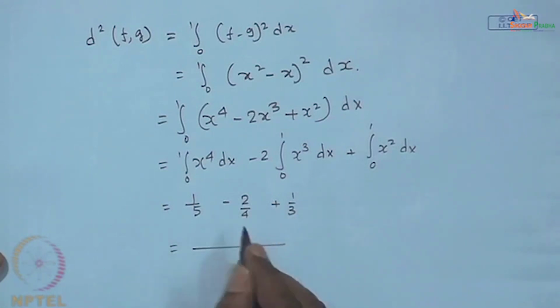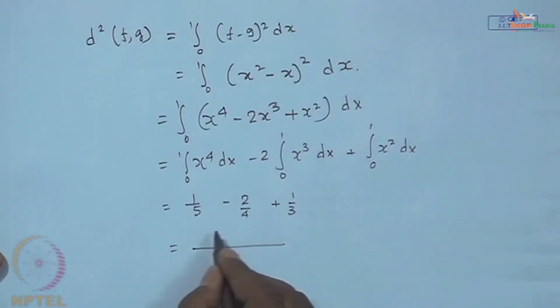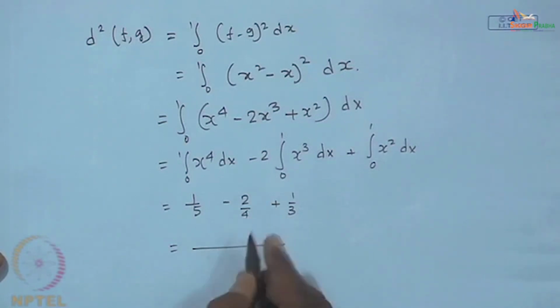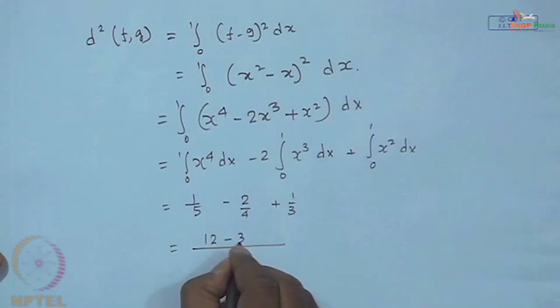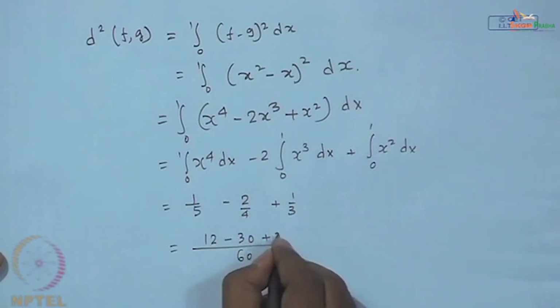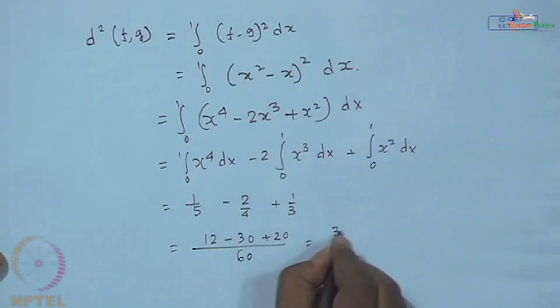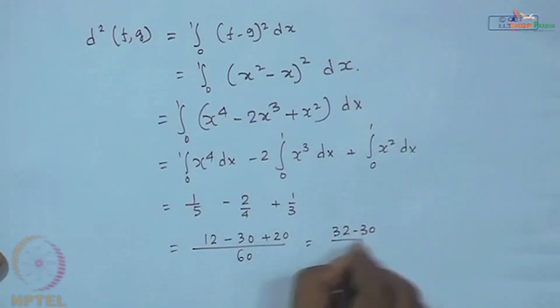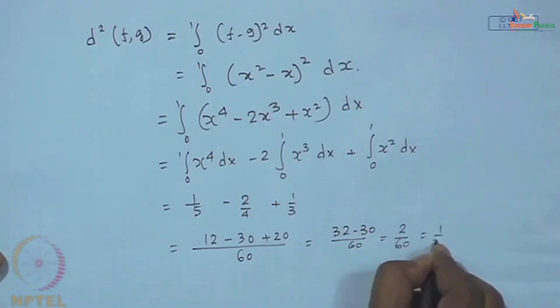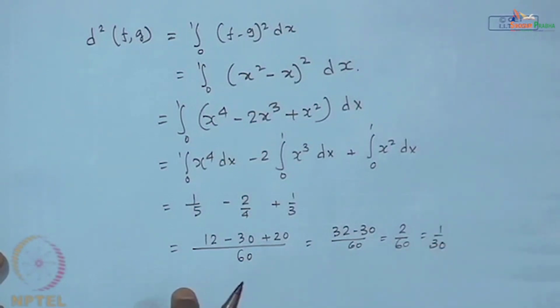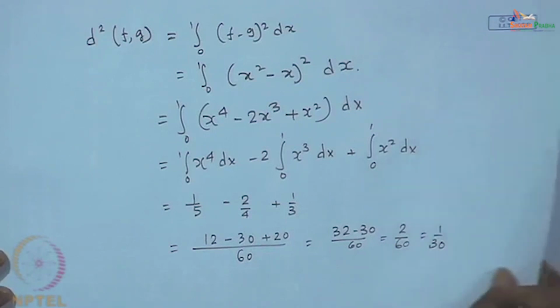So, just carry out this, simplify this one. The LCM is 60. So, it will be 12 minus 30 plus 20. So, it will be 32 minus 30 divided by 60. It will be 2 by 60 equal to 1 upon 30. Okay. That is the value of metric square of that.